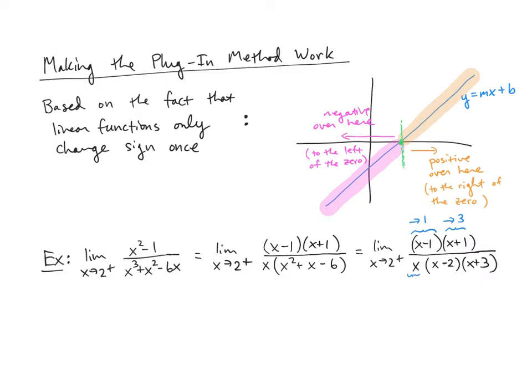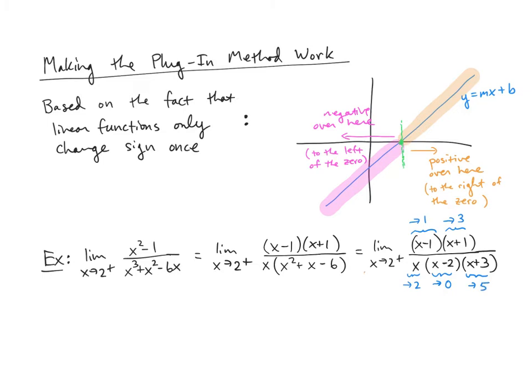And the x term in the denominator is approaching 2. The x minus 2 term is approaching 0, so that's going to be the problematic one. And we have to assign a particular sign to that one in order to figure out whether we have positive or negative infinity here. And this term here is approaching 5.